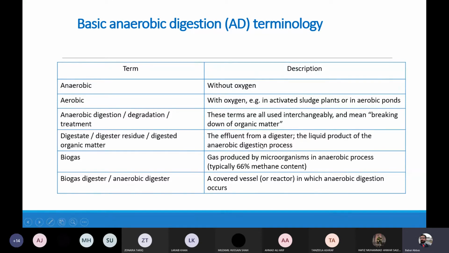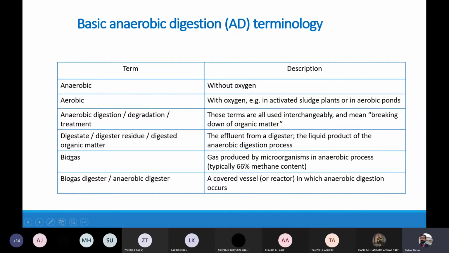The digestate is the effluent from the digester, the liquid product of the anaerobic digestion process, and can be utilized as fertilizer. While the biogas is the gas product produced by microorganisms in the anaerobic process, typically 66% methane content. A biogas digester or anaerobic digester is a covered vessel in which anaerobic digestion occurs.